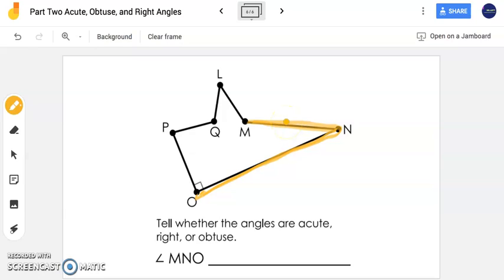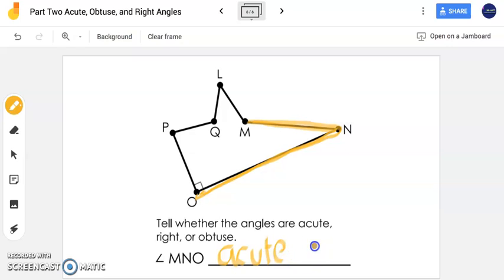That's telling me that this angle is clearly less than 90 degrees. So if my angle is less than 90 degrees, I can classify angle MNO as an acute angle.